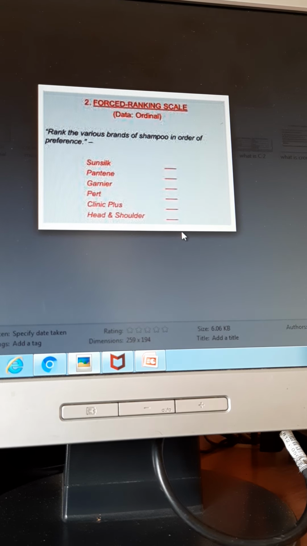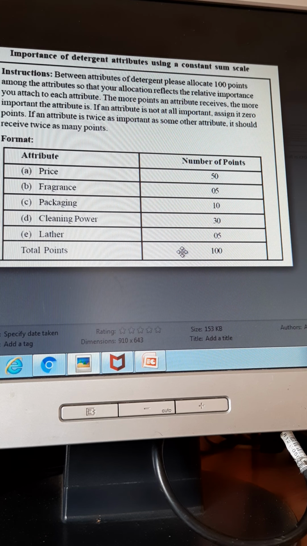What are the attributes they have given? Price, fragrance, packing, then cleaning power, lather. So you are buying a soap. And for the person who has filled this up, price is the most important thing, 50%. Fragrance 5%, packaging 10%, cleaning 30%, lather 5%.